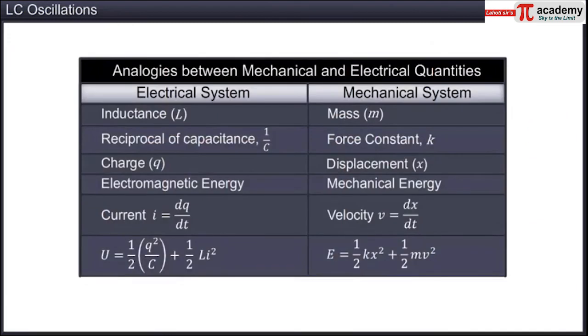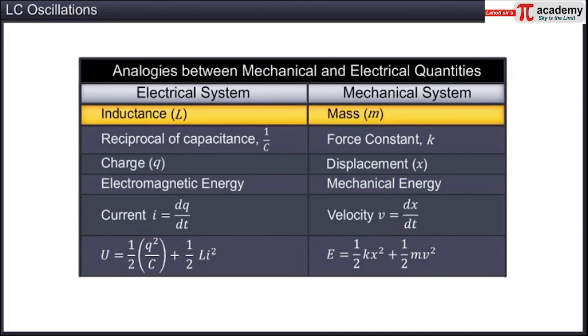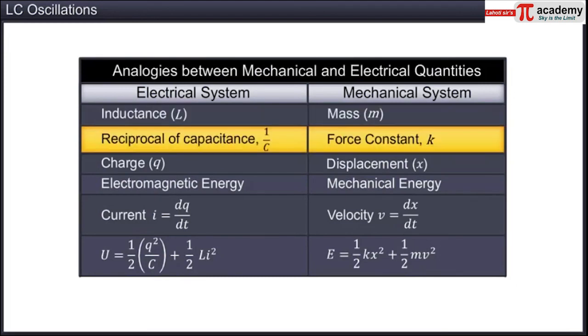From our discussion of LC oscillations, we can draw the following analogies between a mechanical and an electrical system. We see that the inductance L is similar to mass. The value of 1 by C is similar to force constant K. Force constant K is the restoring force per unit displacement, whereas 1 by C is the value of the potential difference required to store unit charge.